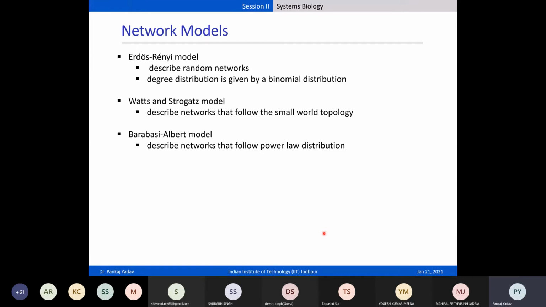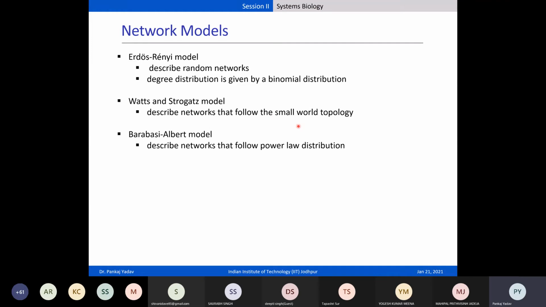Another model that has been very extensively used for networks in general is the Watts and Strogatz model, which describes networks that follow the small world topology.